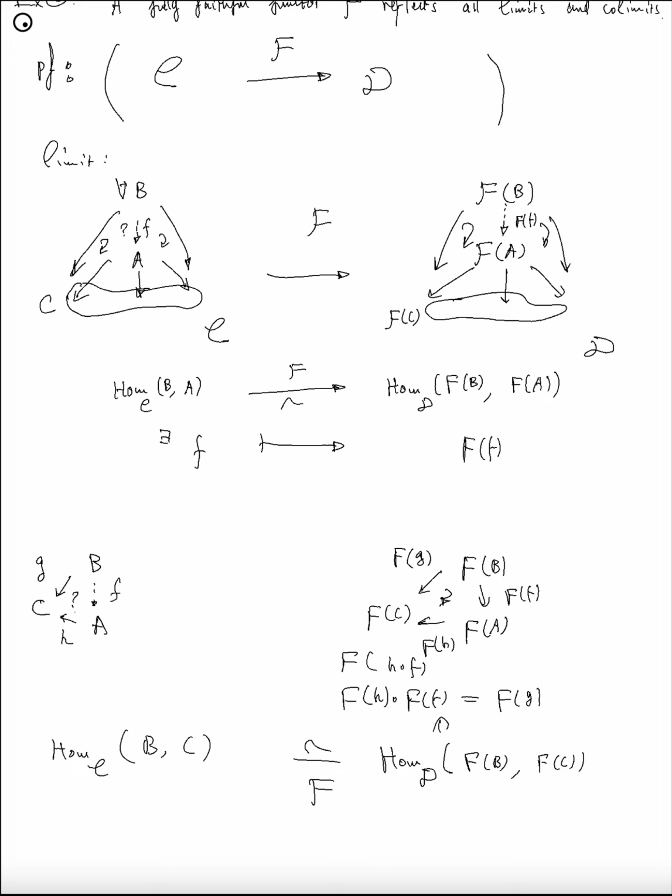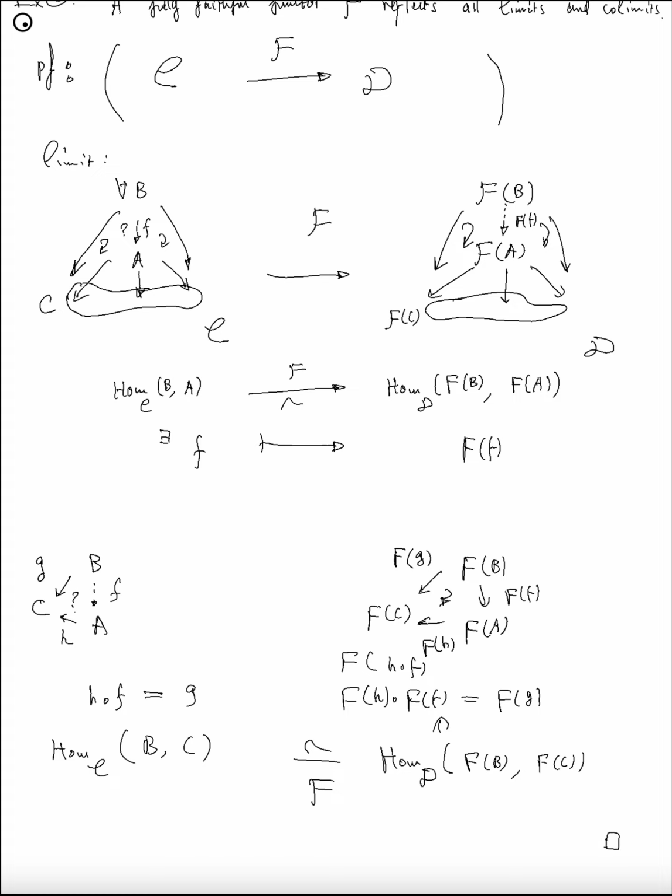So you have two arrows: first is H composed with F, second is G, and their images are the same, which implies they are the same at the beginning of this bijection. So this finishes the proof.